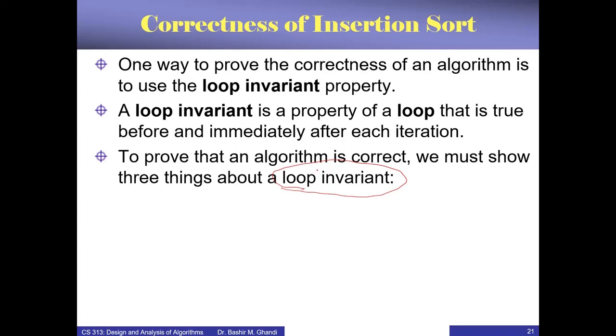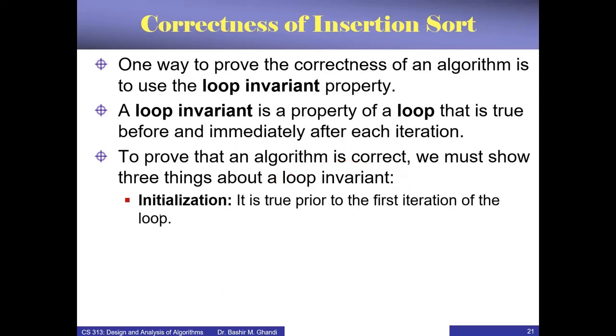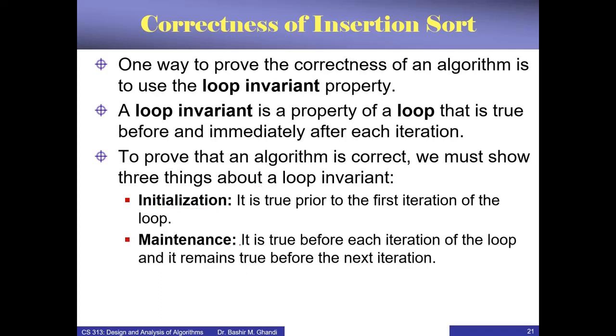So having identified it, we now need to show the following. 1, which is called initialization. We need to show that the loop invariant is true prior to the first iteration of the loop. So even before the loop starts, the loop invariant should be true. This is step number 1. Step number 2 is called maintenance.